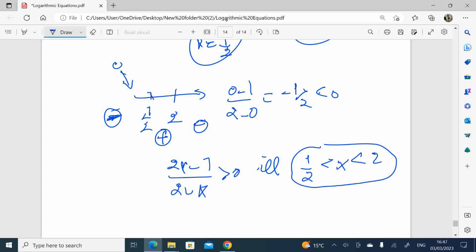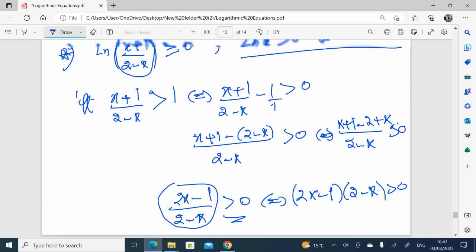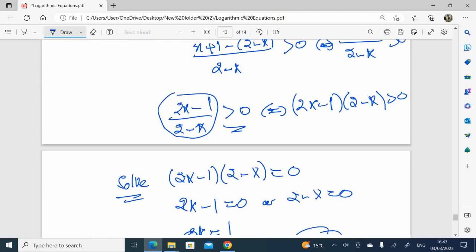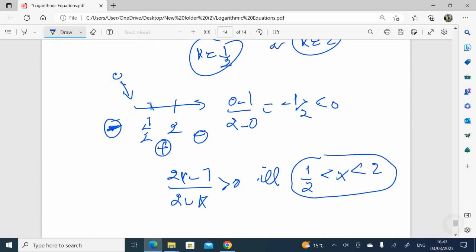So I have two conditions that should be satisfied for my function to be defined. The first condition is x between −1 and 2. The second condition is x between 1/2 and 2.